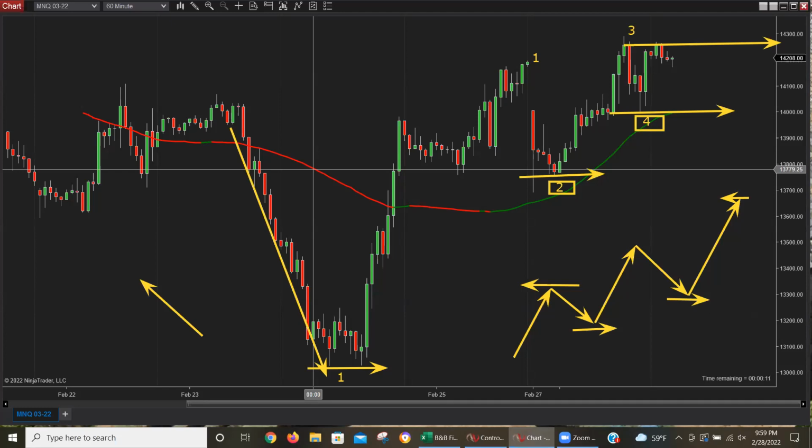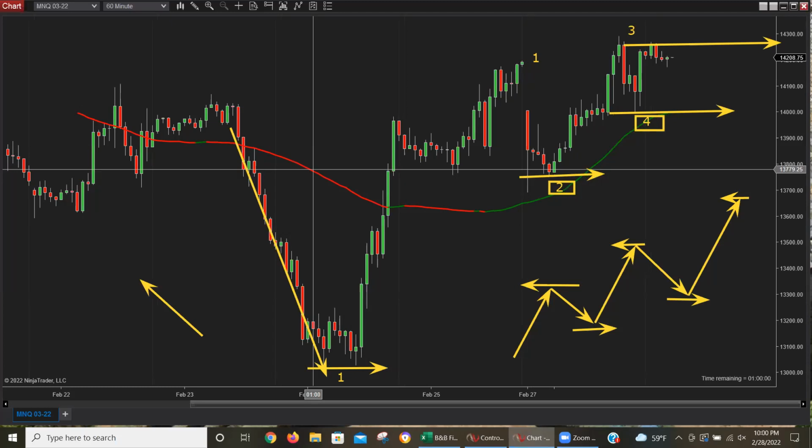If that doesn't happen, then what we have is going to be a complex retrace. As long as the 50 is still angling, let's say our 50 is still angling green, then all that will be okay.